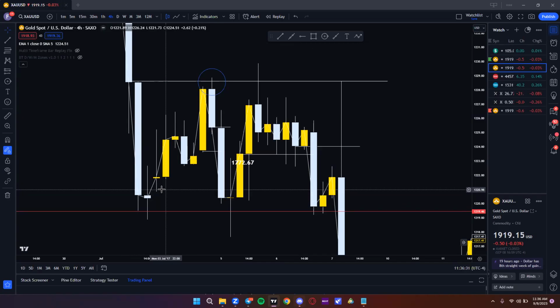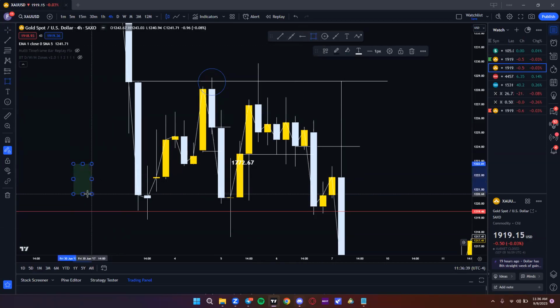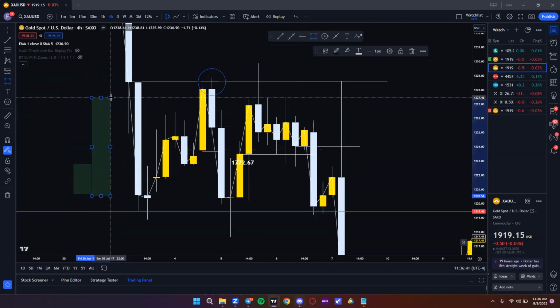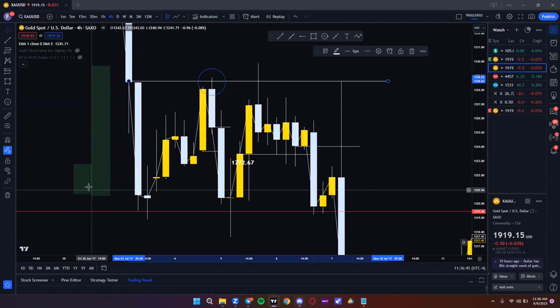We created a decision level here, but the result of the creation of it did not, let's just say it's type 1, it did not close above this level here. Whatever is happening here, it's open and close.